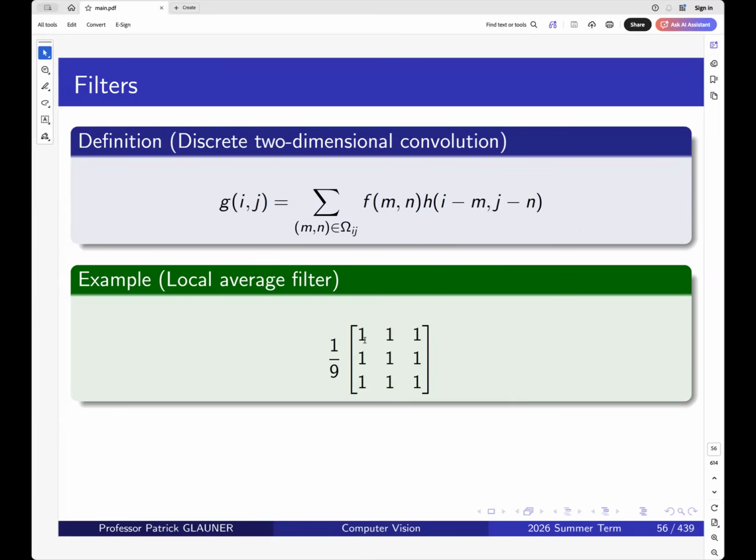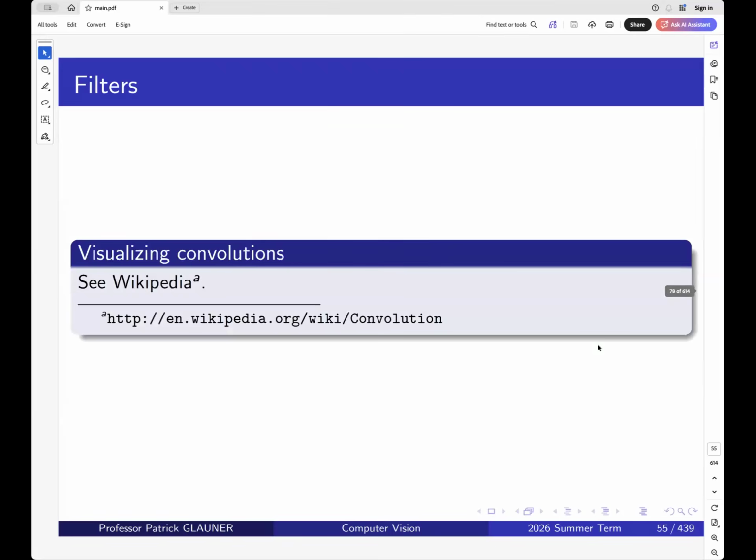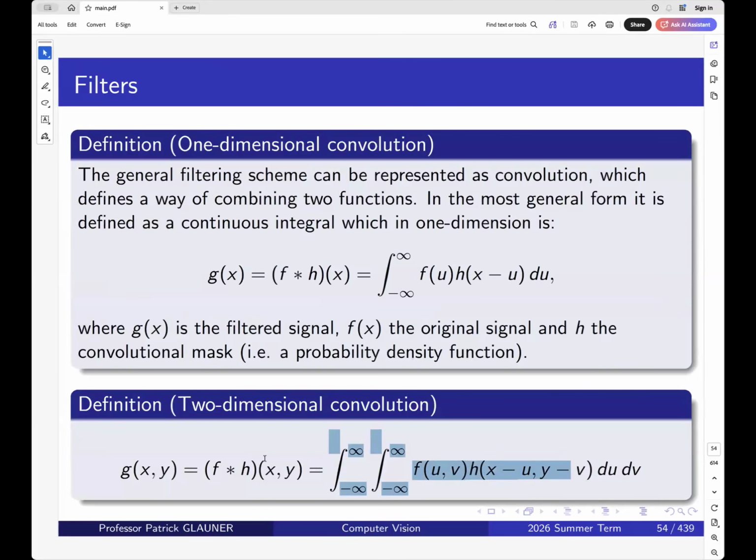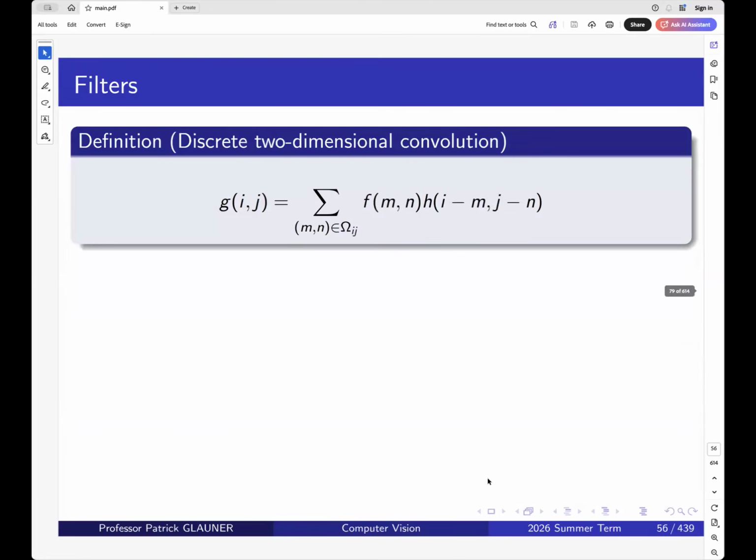So this is quite cool then, because with this notation, we can define filters, and this looks probably much better than something like this, or even worse than this. So we as computer scientists, we prefer really the discrete ones, so we don't need this two-dimensional convolution.